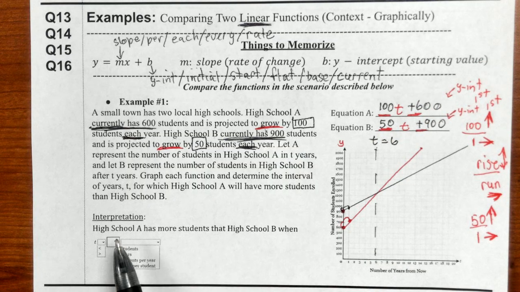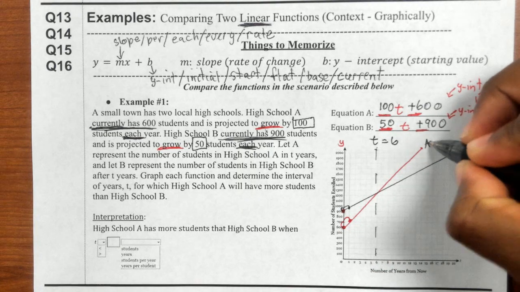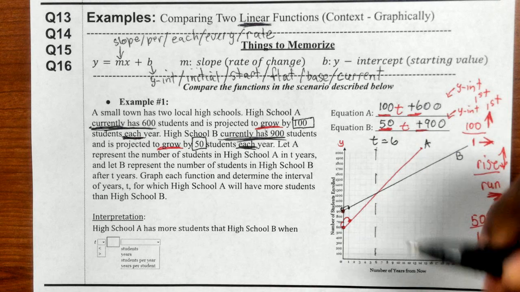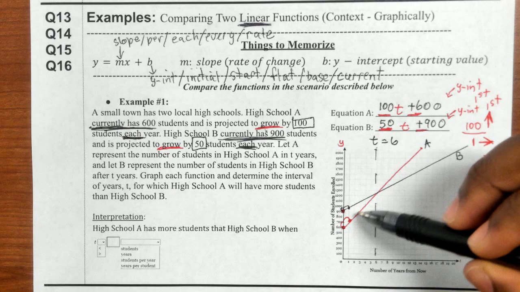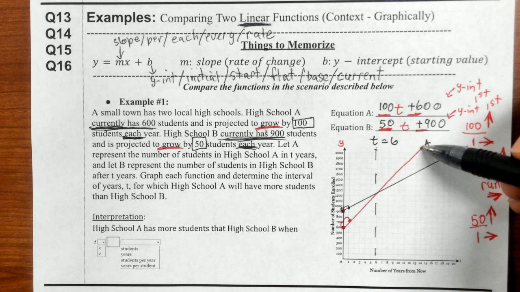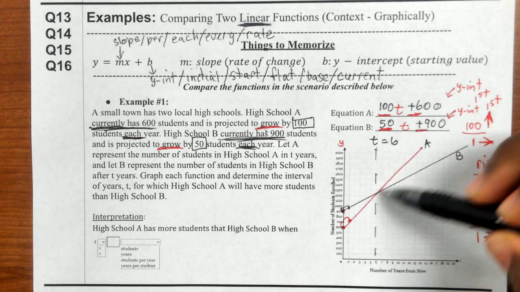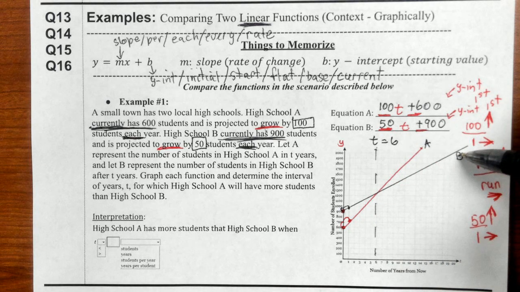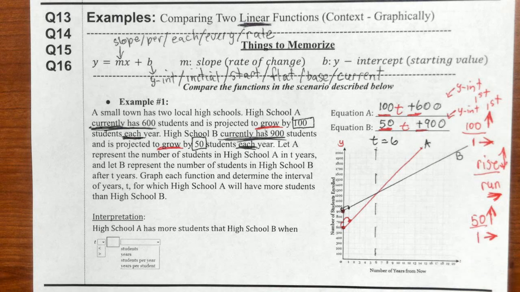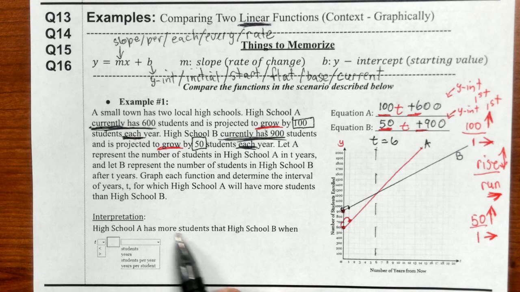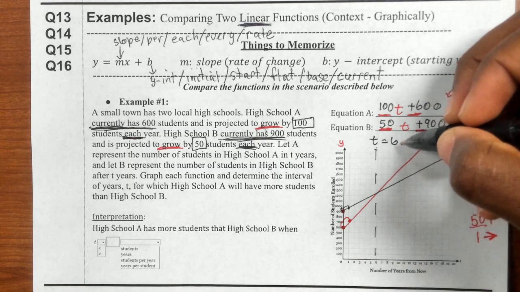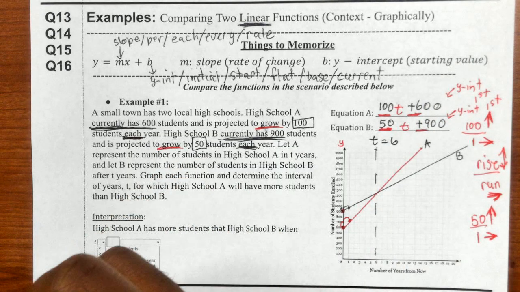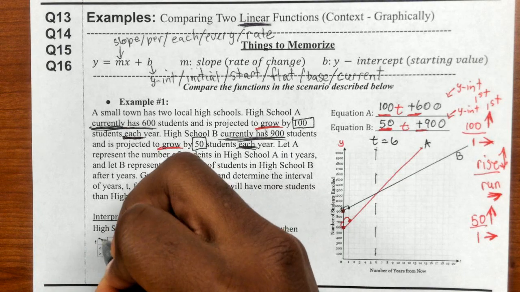So it says we need to interpret. This was High School A, this was High School B. High School A started lower than High School B, but at some point it got a lot higher than High School B. So that means that High School A has more students than High School B when t was greater than 6.